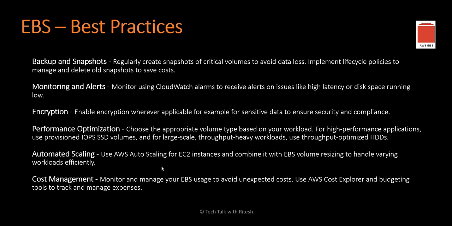Automated scaling. Use AWS auto scaling. I have already discussed what scaling is, horizontal scaling and vertical scaling: adding more EC2 instances, or increasing the size of the EC2 instance. That is called scaling. So use AWS auto scaling for EC2 instances and combine it with EBS volume resizing to handle varying workloads efficiently.